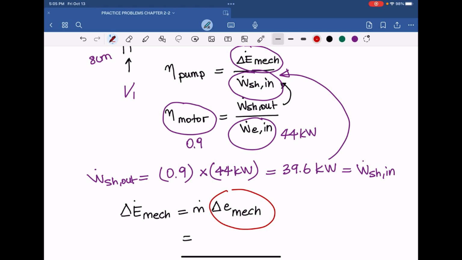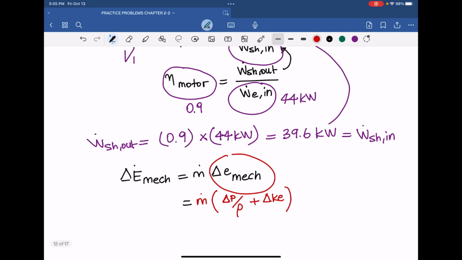It seems like the only significant terms are the flow energy and the kinetic energy, because they didn't give us any information about the potential energy change. So for the mechanical energy change per unit mass, I'm going to put a flow energy term per unit mass, which was delta P, pressure change over density, plus the kinetic energy change, right?